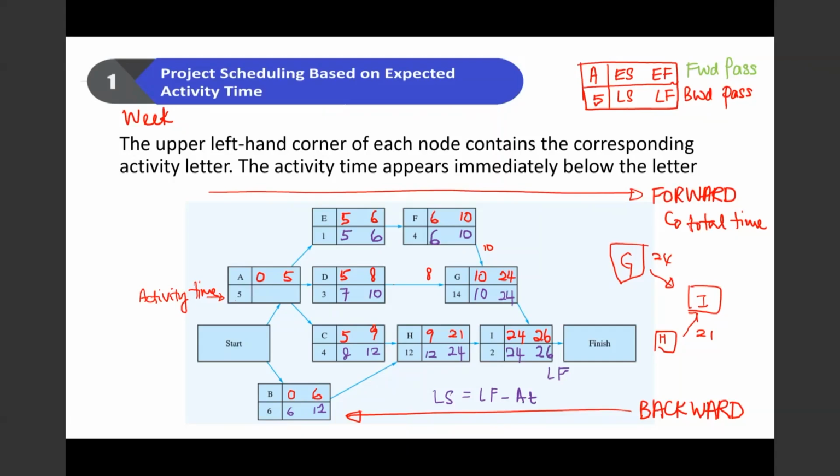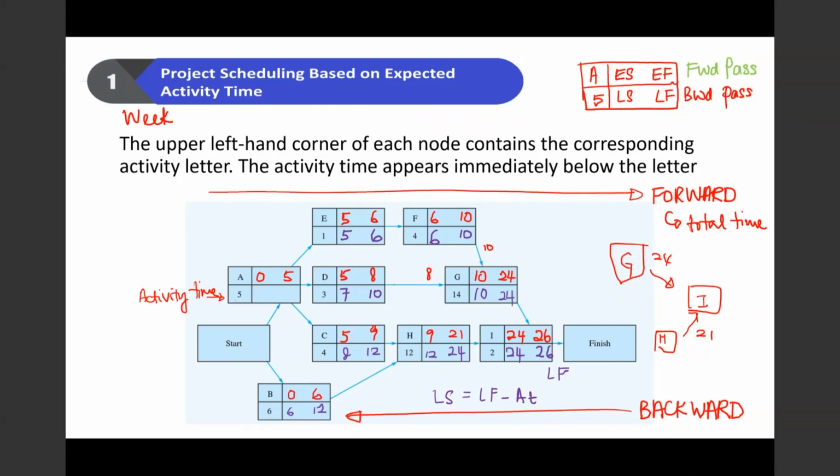So let's look at activity A. What is the latest start of activity A? Latest finish of activity A. So we need to look at all the following activities, which are activity E, D, and C. In this particular case, we have to take the minimum out of all the following activities.